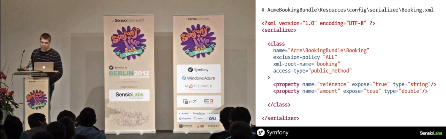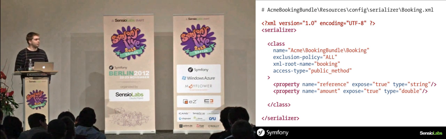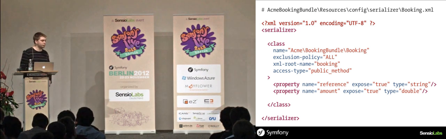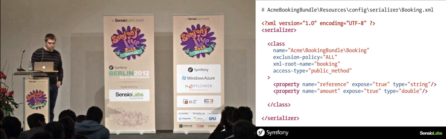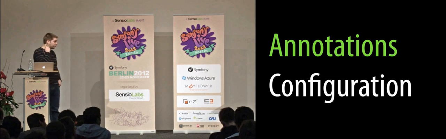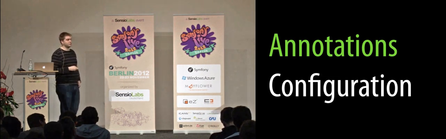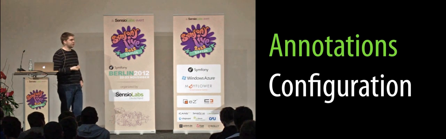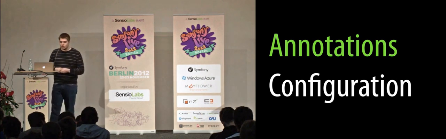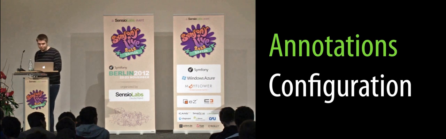So if I unserialize my objects, I want a string in the reference property. But the best for me is annotation configuration. It's easier to use. You will see that you have plenty of annotations to configure your serialization process.